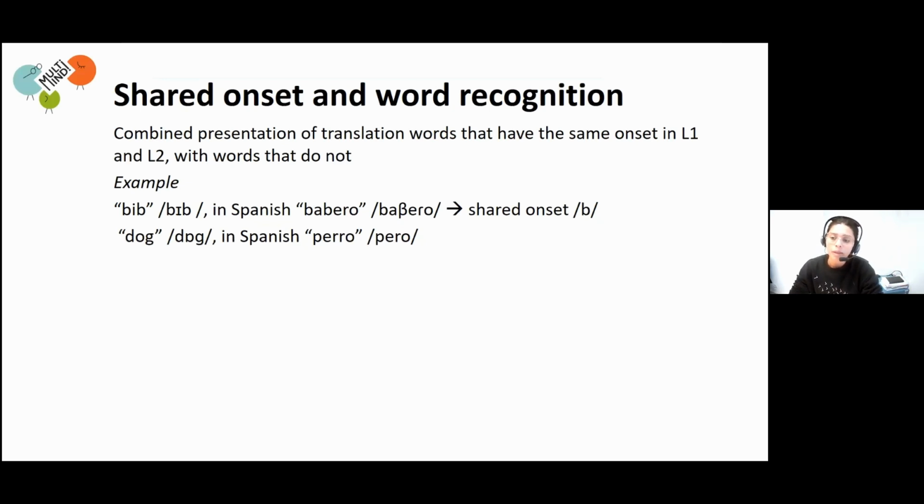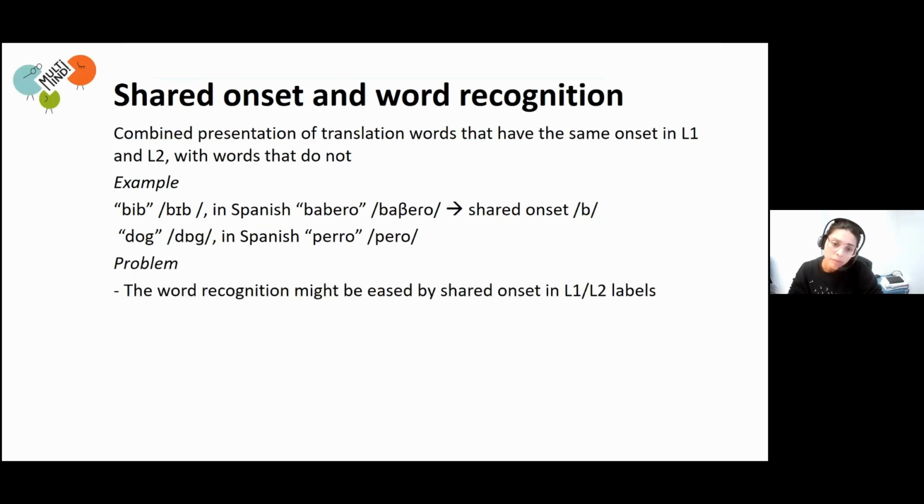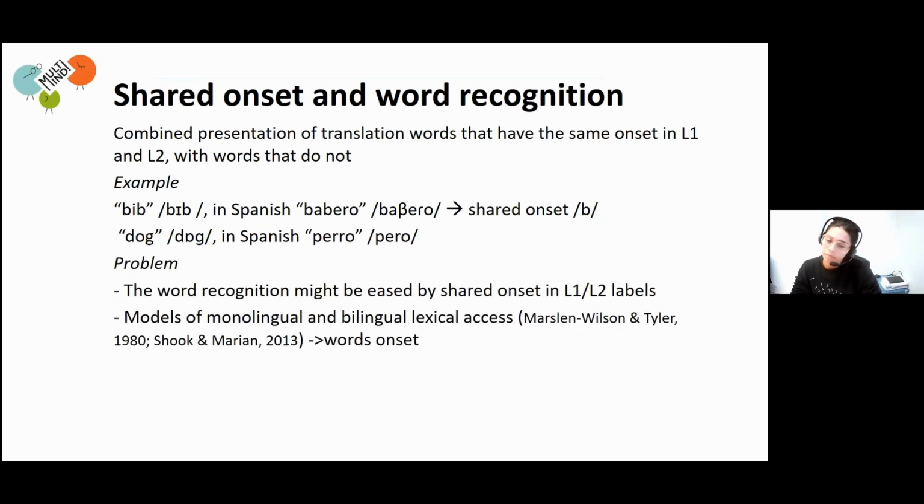And not a problem per se, but there are many models of speech processing in monolinguals and bilinguals that propose that the initial information contained in speech is really important, and is used to start activating the mental representation of the words.